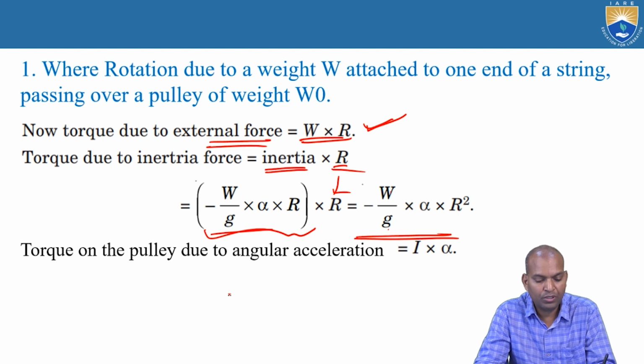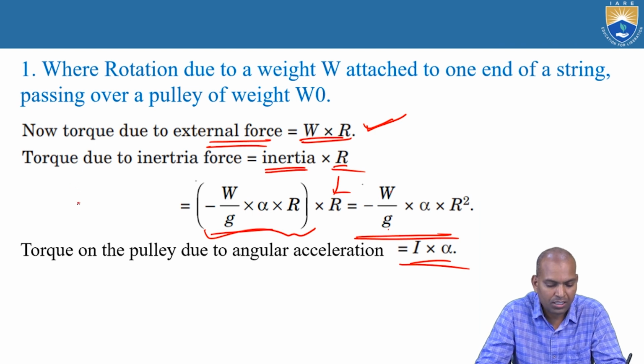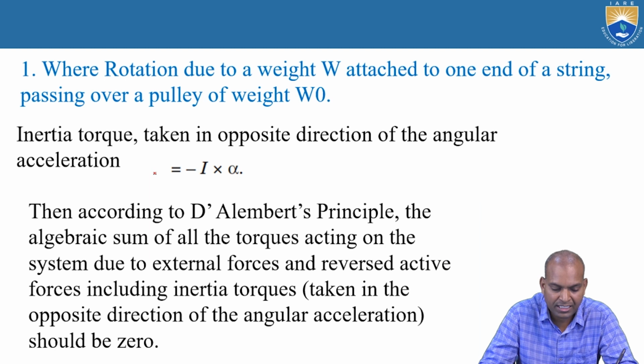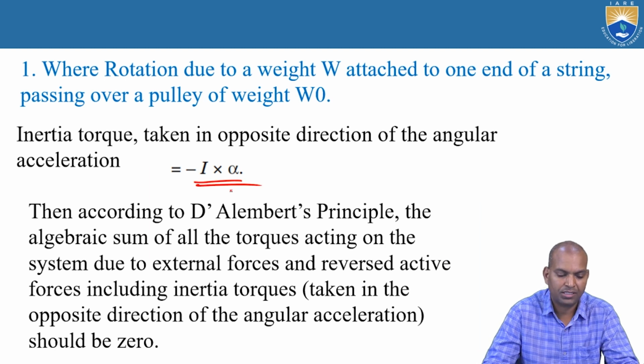Now the torque on the pulley due to angular acceleration, that is T equal to I alpha. The inertia torque equal to negative I alpha. This is in the opposite direction.